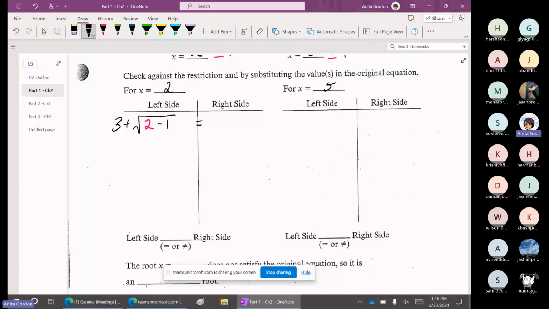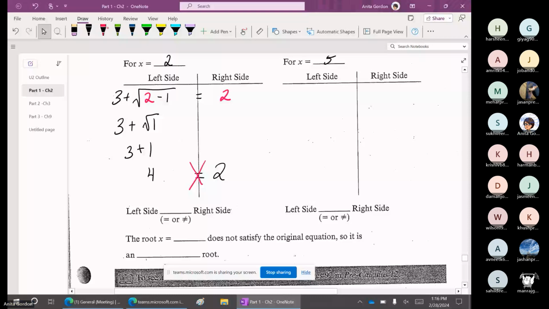On the right side of the equation, I just have an x. So I'm just going to write the 2 there. And I'm making sure that left and right match up. 3 plus square root of 1. 3 plus 1, 4. 4 does not equal 2. So here, the left side does not equal the right side.